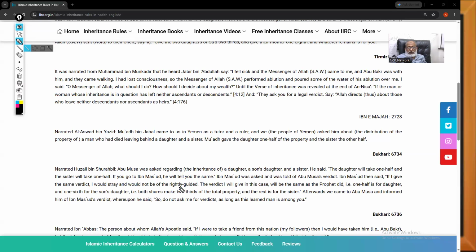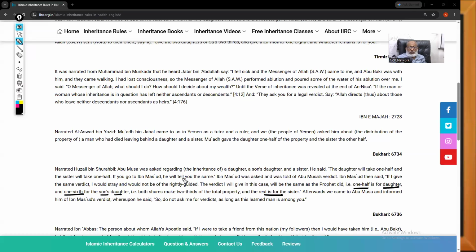If the deceased person left behind a daughter, then the share of the daughter is half, and the son's daughter is 1/6. And the rest of the amount, if left, will go to the real sister.